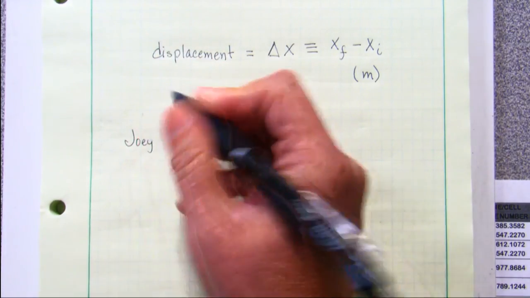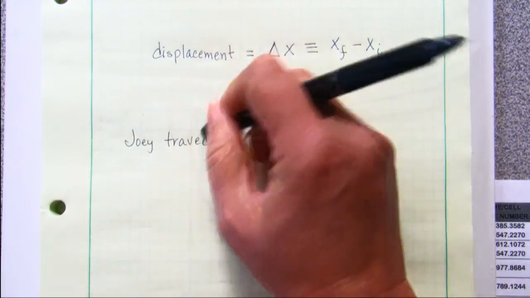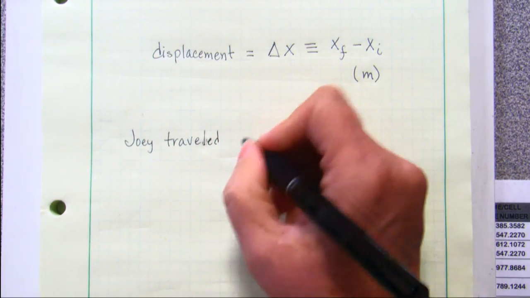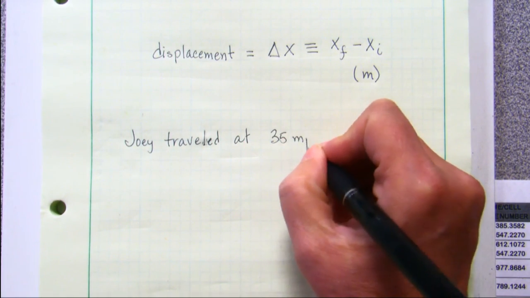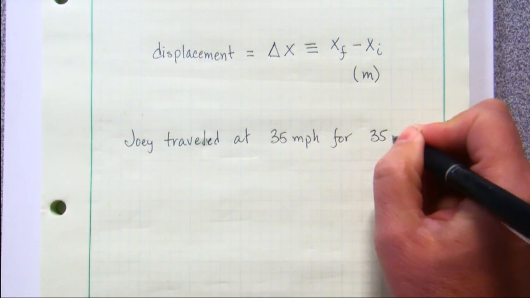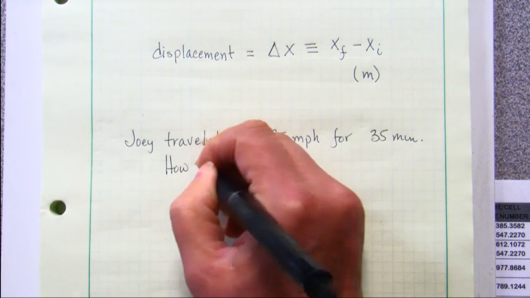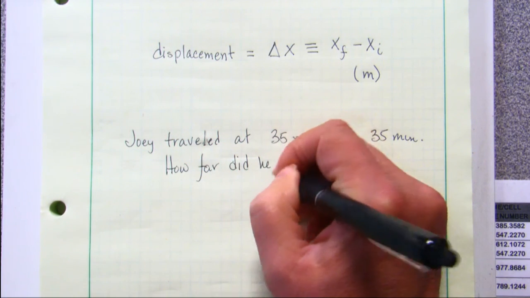Joey traveled at 35 miles per hour for 35 minutes. How far did he go?